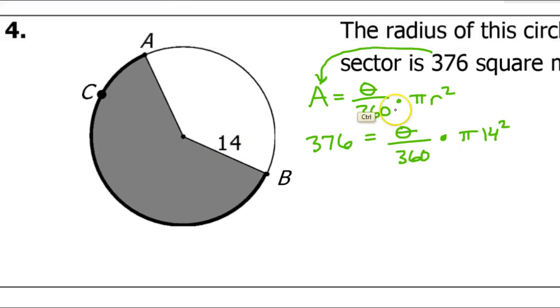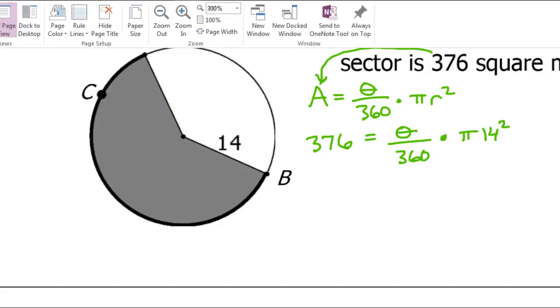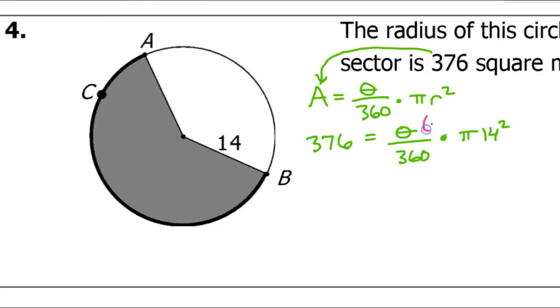How am I going to do that? Let me use a smaller ink. Let's multiply both sides of the equation by 360. That way these 360s will cancel each other out.